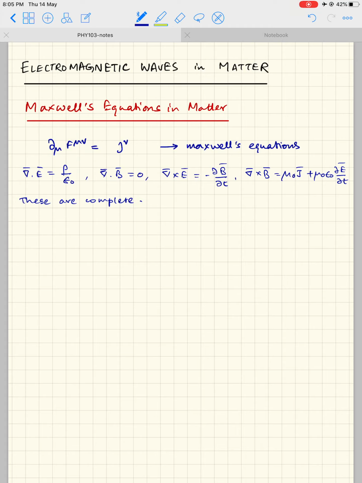So it's going to be useful to reformulate Maxwell's equations in a form that makes explicit reference to only the free charges and free currents. Okay. So let's do that.